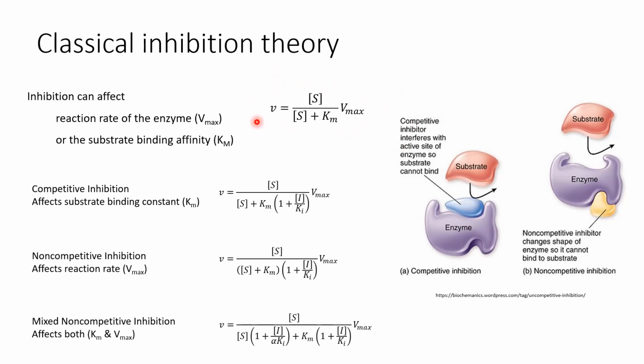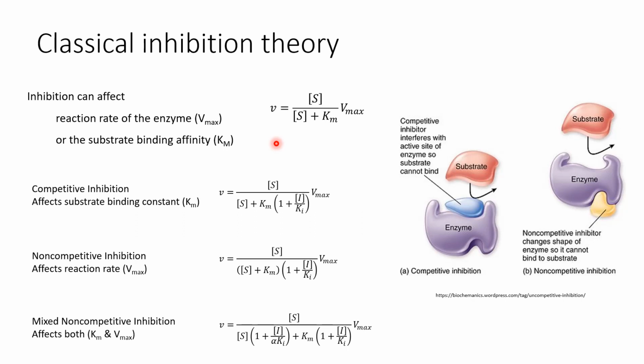But basically, what you're looking at here is a description of what happens to a population of enzymes and how they convert their substrate to a product. The rate V is equal to the concentration of the substrate divided by the concentration of the substrate plus the substrate affinity constant times the maximal rate of substrate hydrolysis, which is the Vmax, maximum velocity.